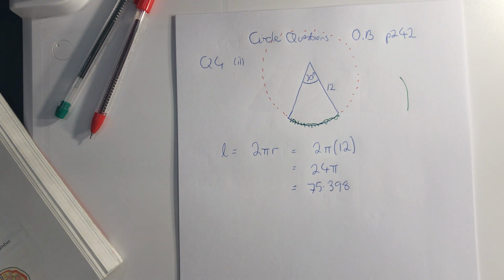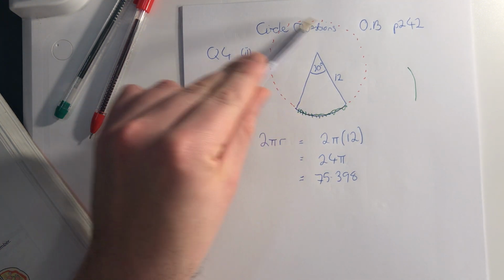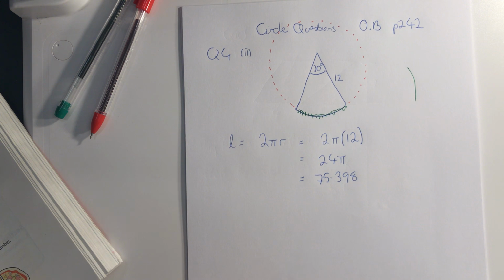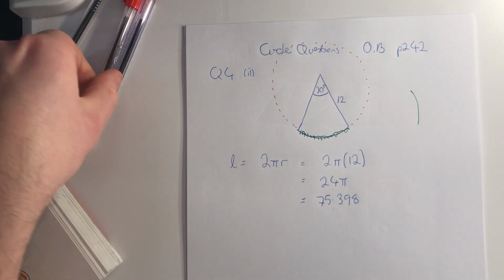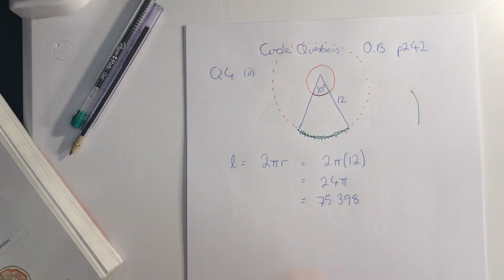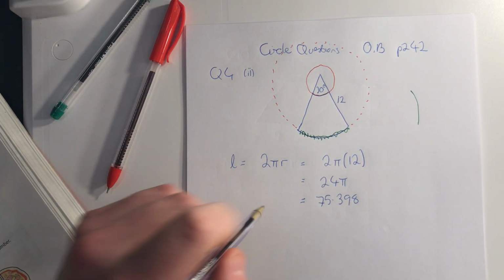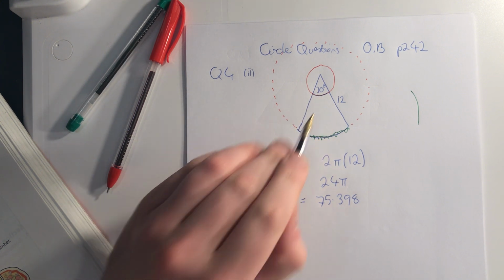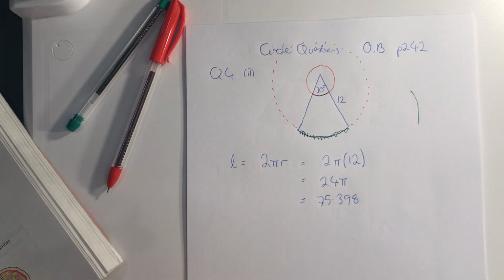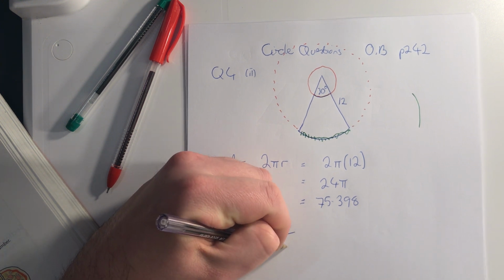So that is if we were talking about the full circumference of our circle. But we're not talking about the full circumference, we're just talking about a portion of it. So we are going to find out what portion of our full circle we're dealing with. Now if we go back over to our picture, if I was to rotate this the full way around, I would go through 360 degrees. Okay, but I've only gone 30 degrees. So the fraction of the full circle I've gone is 30 over 360.